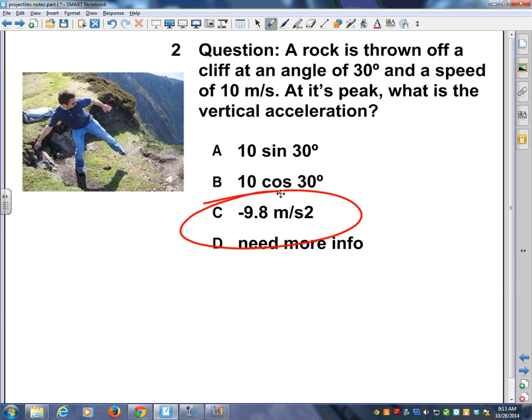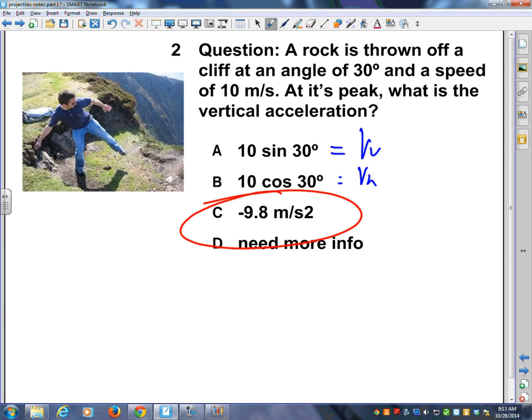Okay? What are these things equivalent to? 10 sine 30, well that would be the vertical velocity, and this would be the horizontal velocity, wouldn't it?